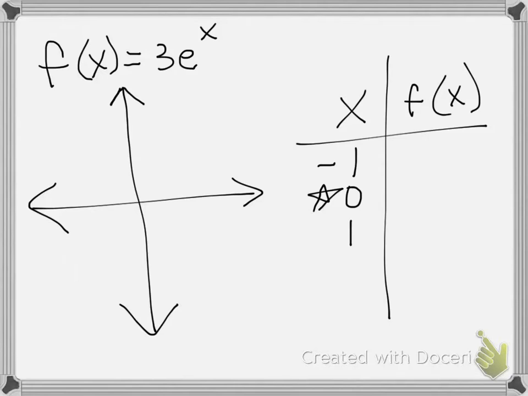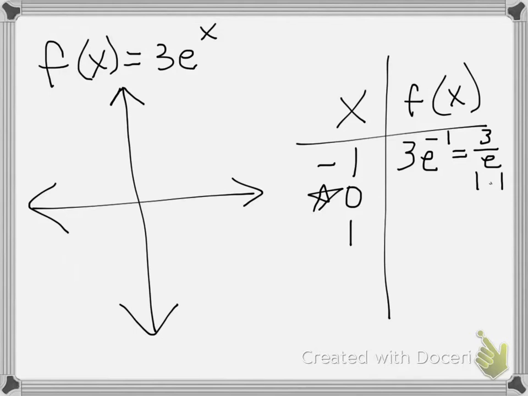So f of x, if x is negative 1, that would be 3e to the negative first, which is 3 divided by e, which I have to put into my calculator and approximate, and I get 1.1 for that.